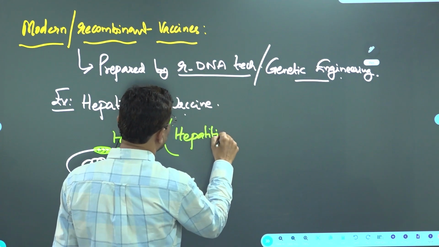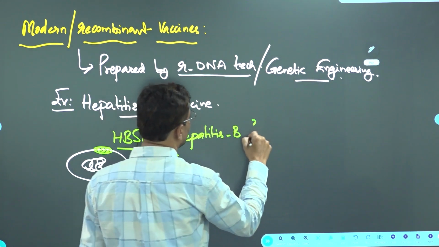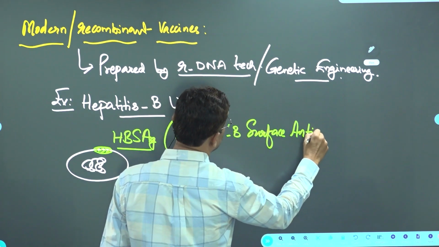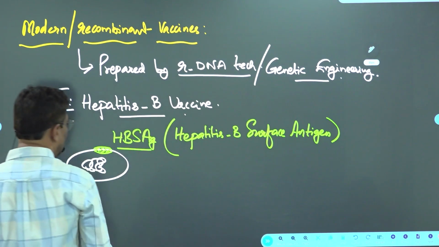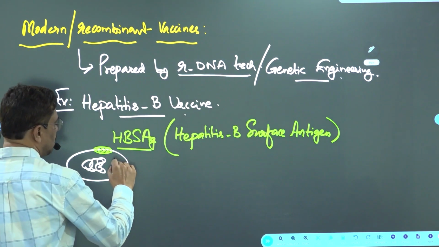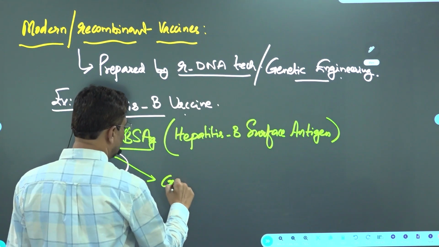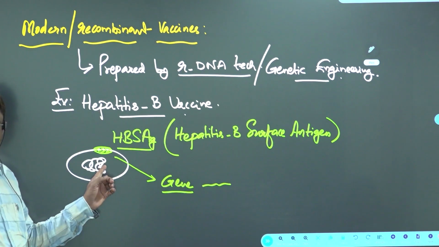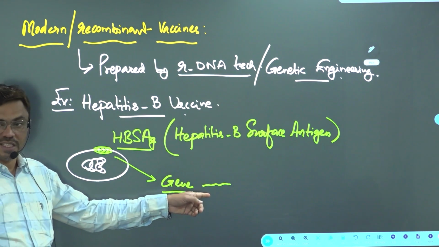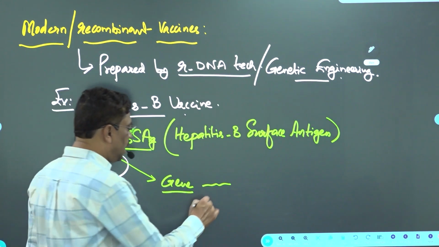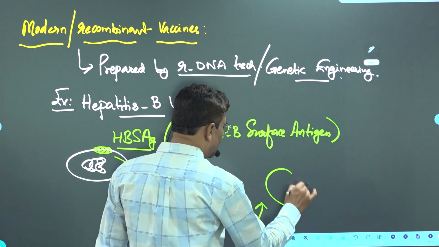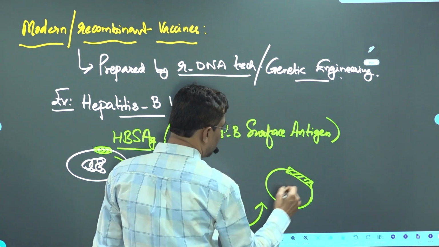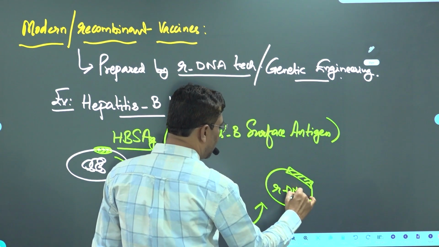The gene, the DNA responsible for this HBsAg, can be extracted, and it can be cloned, thereby constructing an rDNA, recombinant DNA.